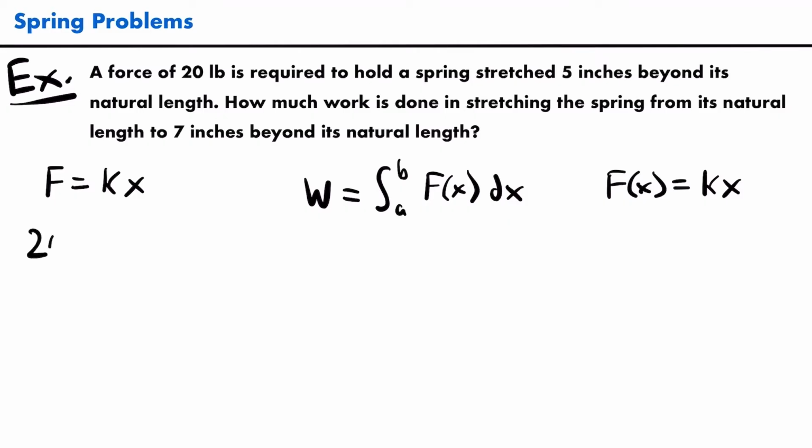So we'll have 20 is equal to the spring constant times 5. And now we can solve for the spring constant by dividing both sides by 5. And so if we do that, k, the spring constant, will be equal to 4. Now if we were to include units here, this 5 is measured in inches, and this 20 was measured in pounds. So we have pounds divided by inches, and so this would be 4 pounds per inch.